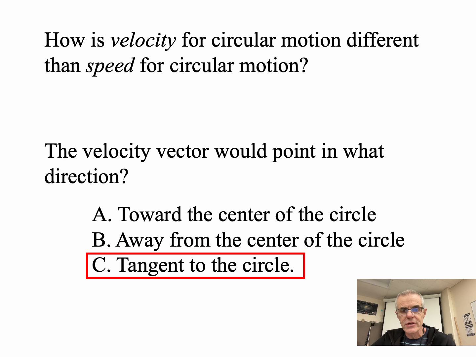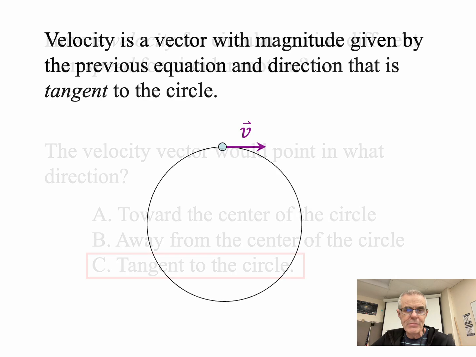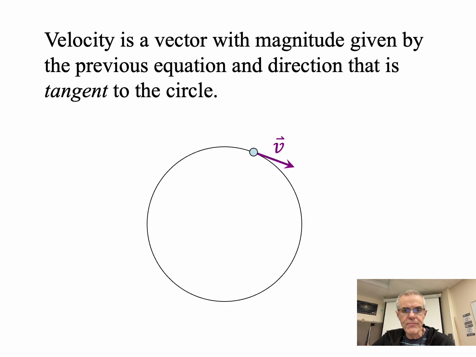I have an animation of that. Looks like this. So now we're showing this velocity vector, which would go with the object and always be tangent to the circle. So hopefully you remember that word from geometry and mathematics. It would be a straight line touching the circle at one point.